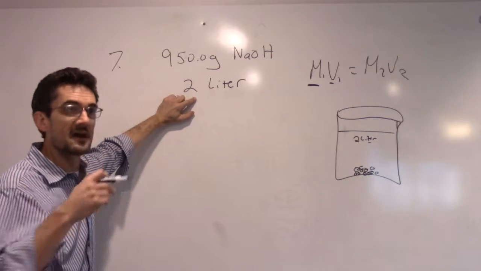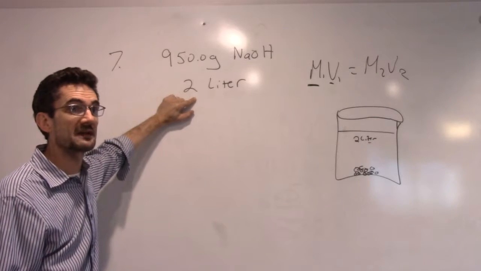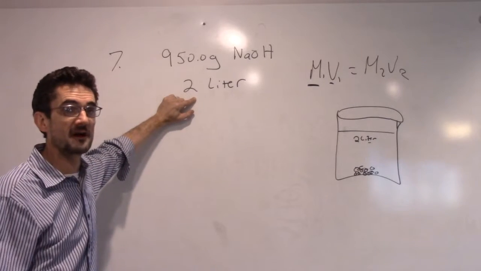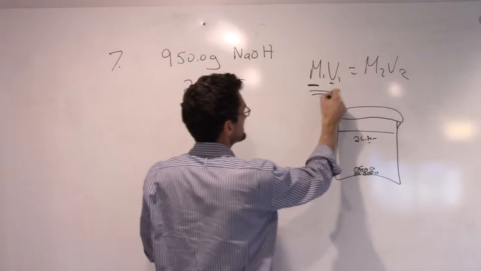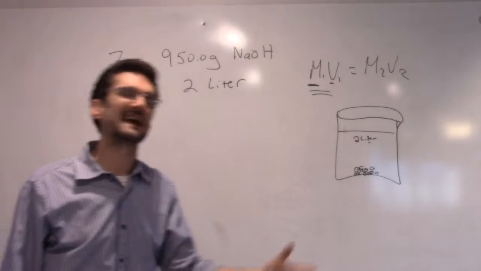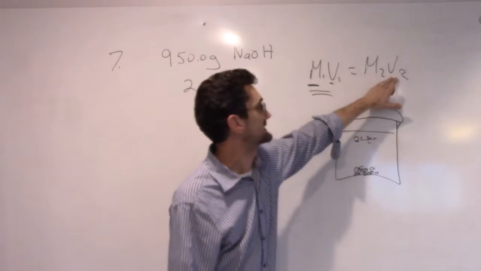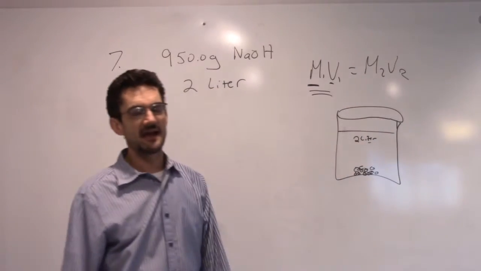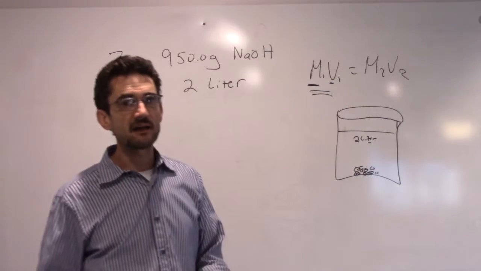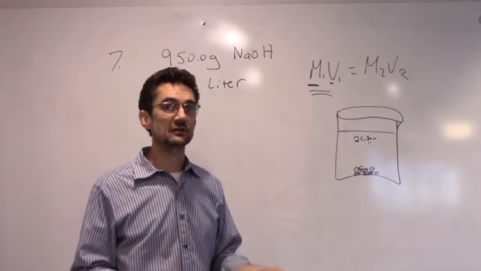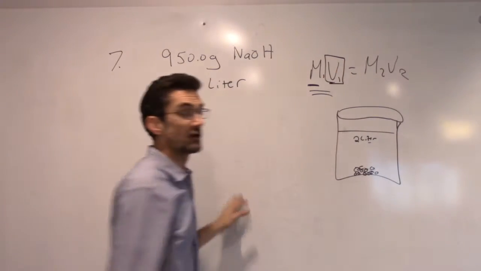Remember, whenever we do a dilution problem like this, when we're trying to make another solution from a given stock solution, it's always this original stock solution where we need to figure out how much volume of it we need in order to make the volume of the dilution at the molarity that we want. In 95% of these dilution problems, it's always going to be this V that we're solving for.